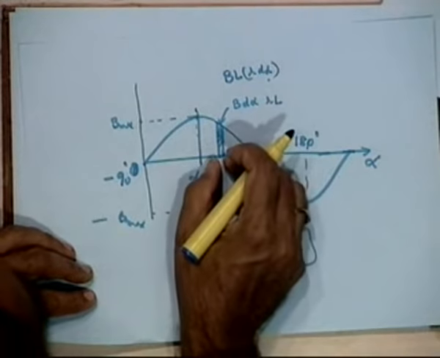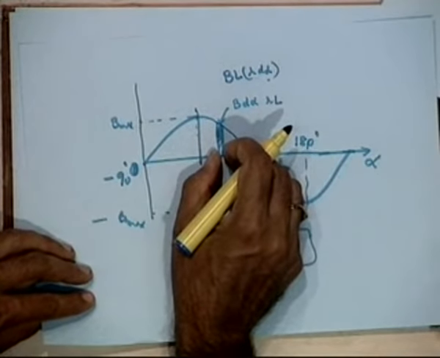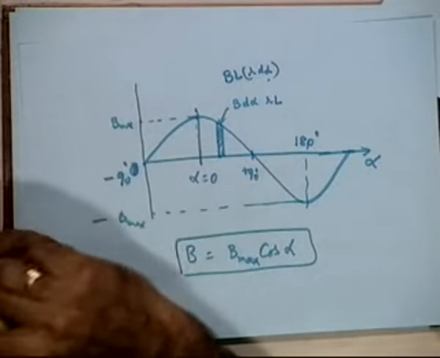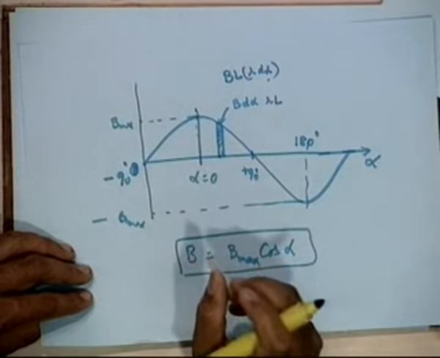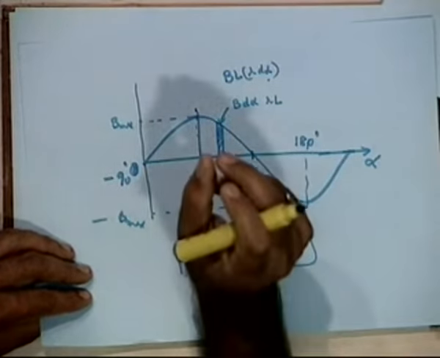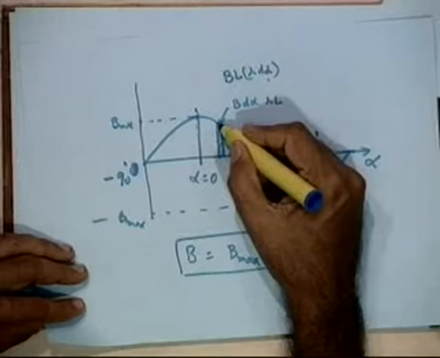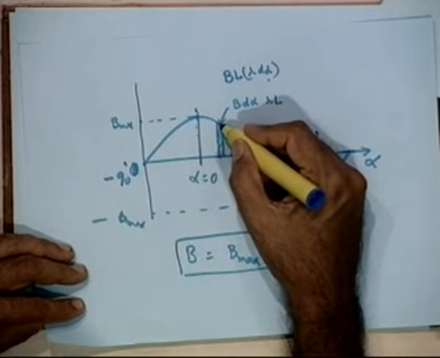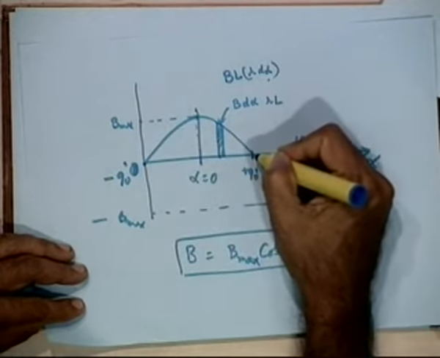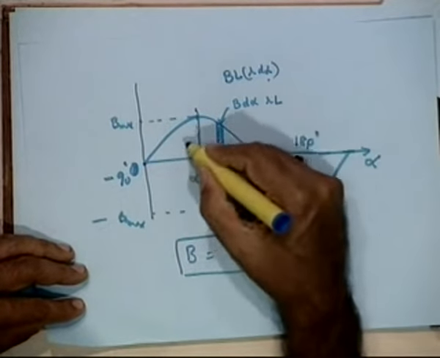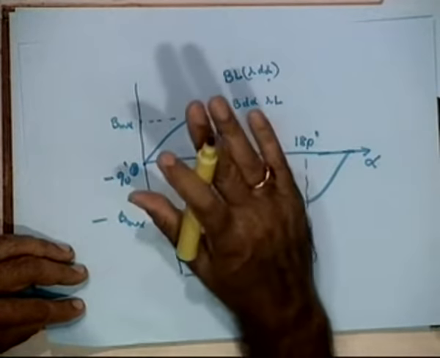That will be the small strip of flux in a small area, but you want to integrate over minus pi by 2 to pi by 2. What we are trying to say is, we take a small strip radially at this point, find out the flux in the strip and integrate that from minus pi by 2 to pi by 2 to get the total flux over a pole. Okay, this is the physical explanation of the statement.